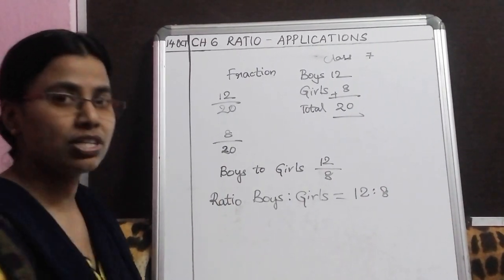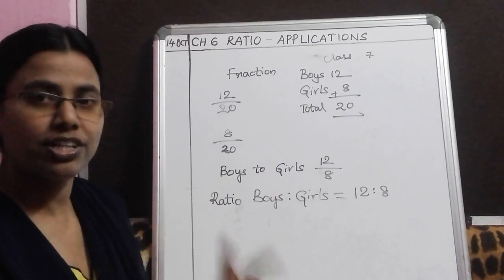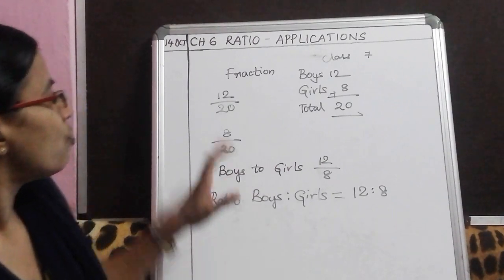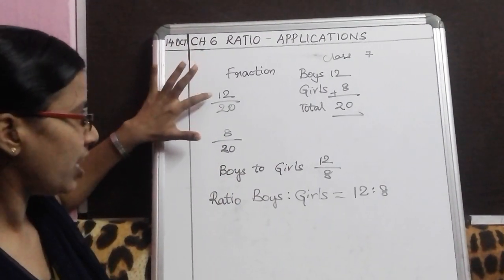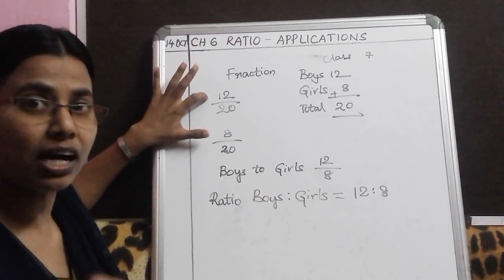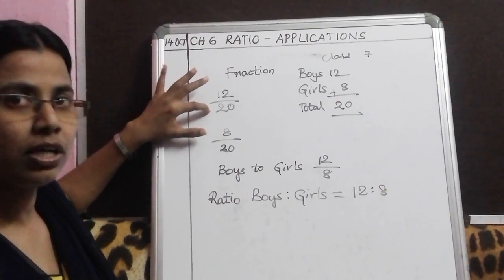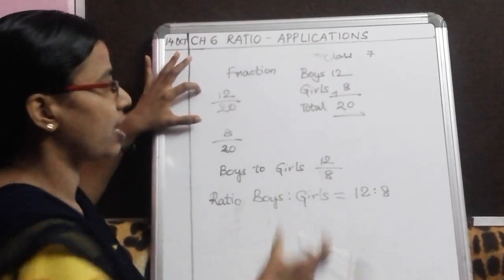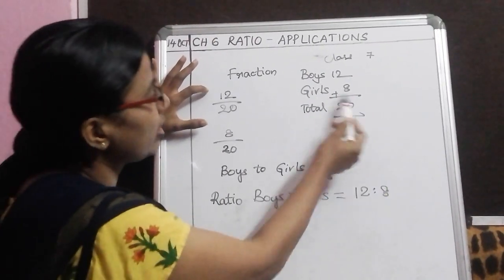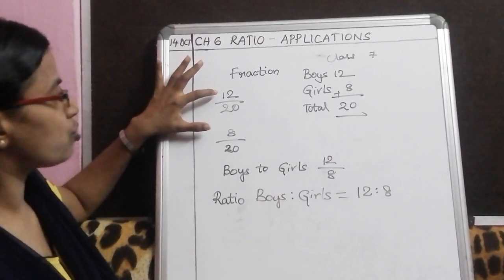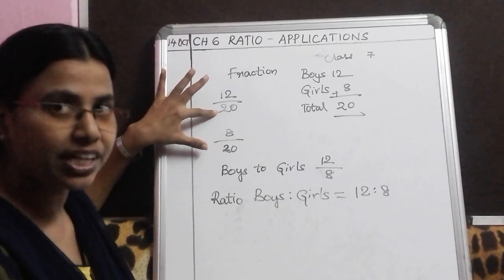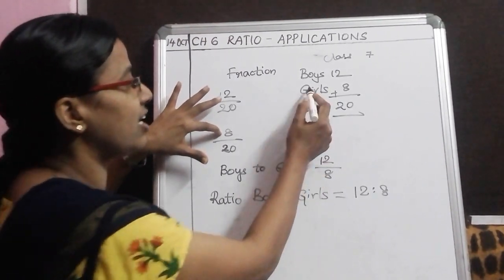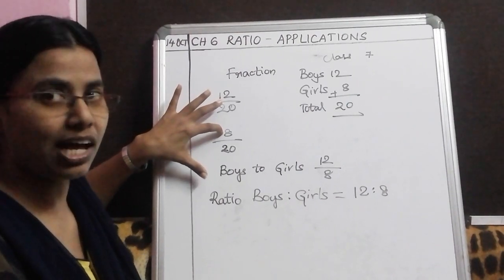So ratios, now let us understand what is the difference between a fraction and a ratio. For a fraction, we are taking a part to the whole. 12 is a part in the class, that is, boys are a part of the whole class, which is 20. So 12 divided by 20, that is a fraction. Now girls, if I take, girls are a part of the class.